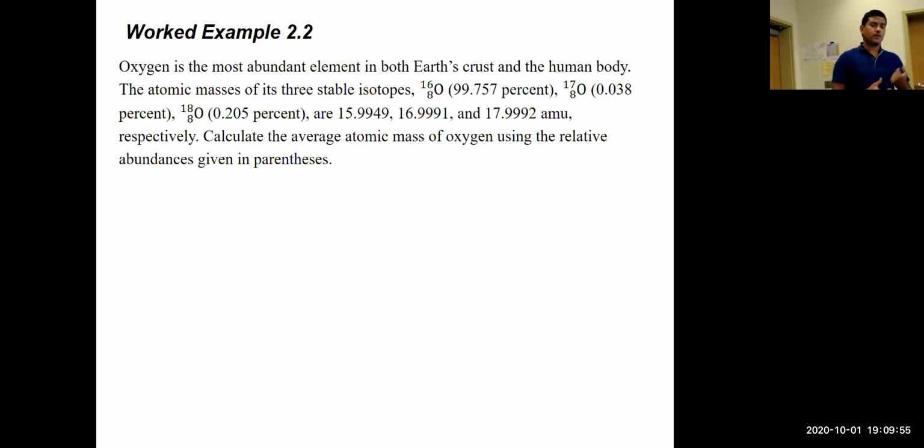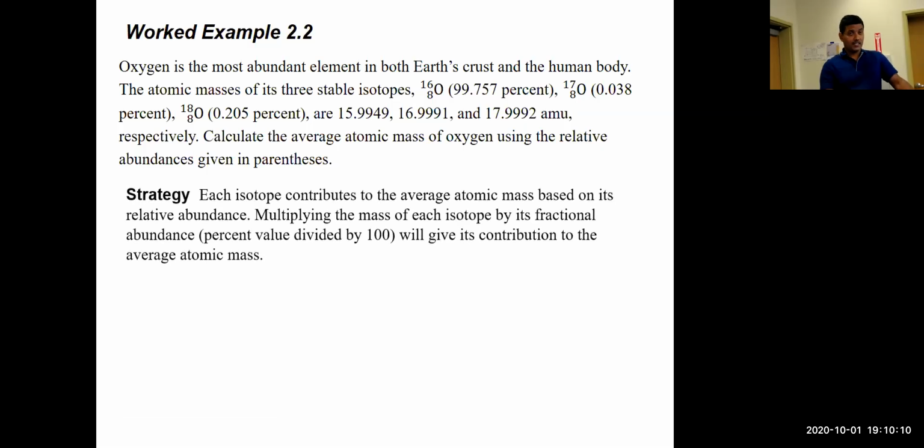Just like I showed you for carbon, you multiply each natural abundance by its atomic mass, combine all the weighted masses, and find the total average atomic mass of oxygen.